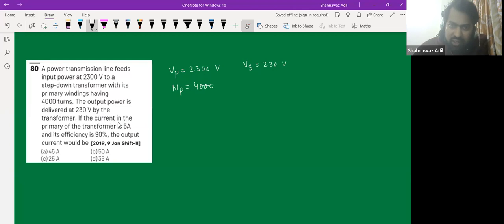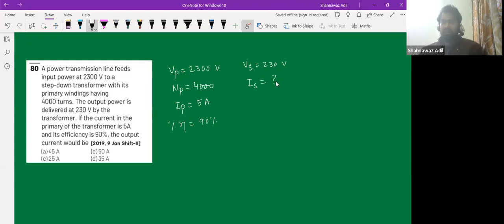If the current in the primary of the transformer is 5 ampere and its efficiency is 90%, the output current would be? So we have to calculate the output current.